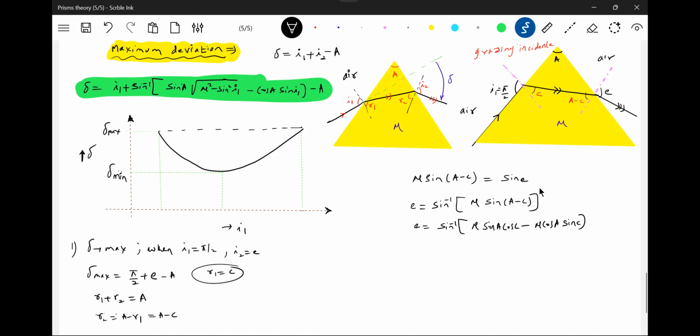Sine C should be equal to 1 by mu, because the medium on either side of the prism is a rarer medium, air. So the refractive index of air will be 1. So this E is equal to sine inverse of mu sine A.